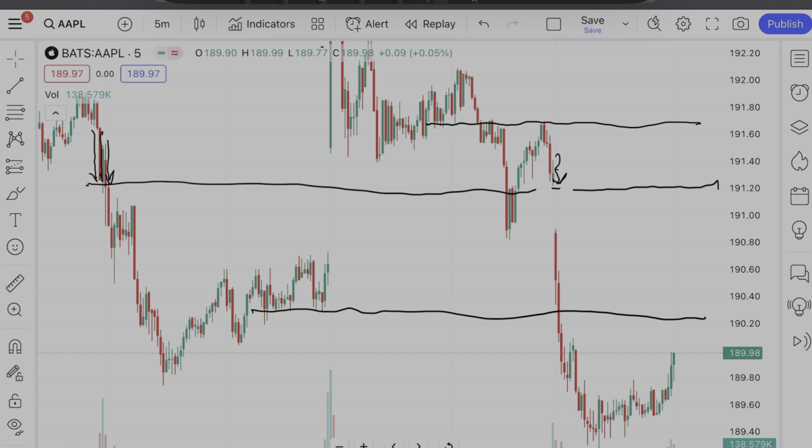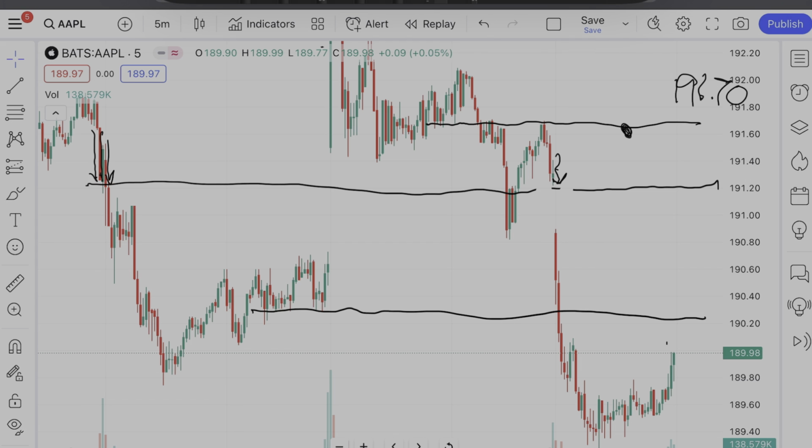And it looked like that one is about 191.70. So 191.70 is my first place of exit where I plan on exiting. I expect this thing to get all the way up to here.